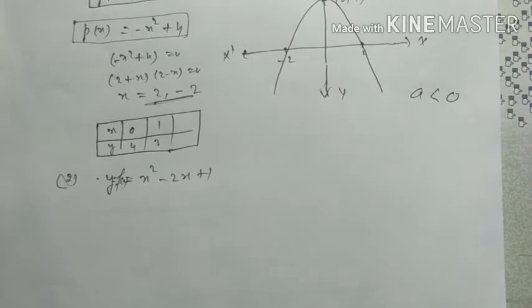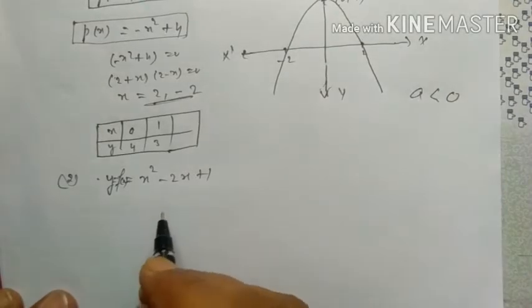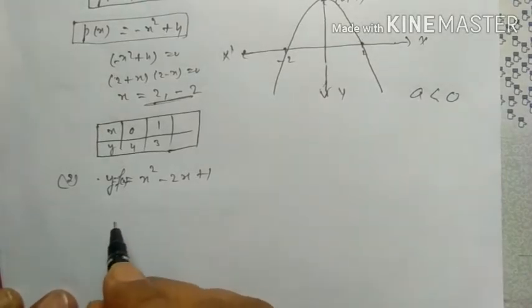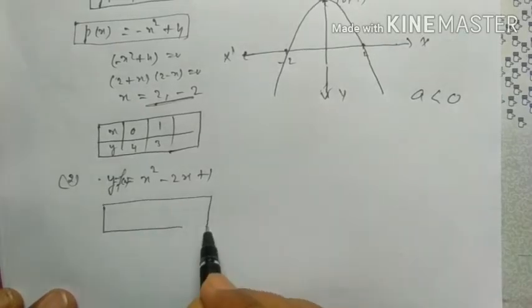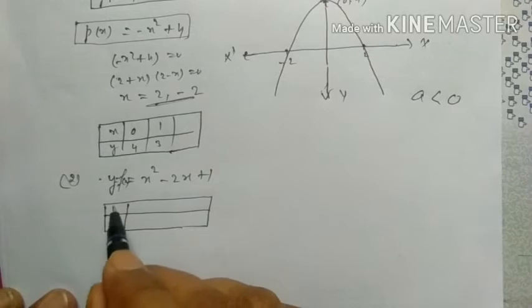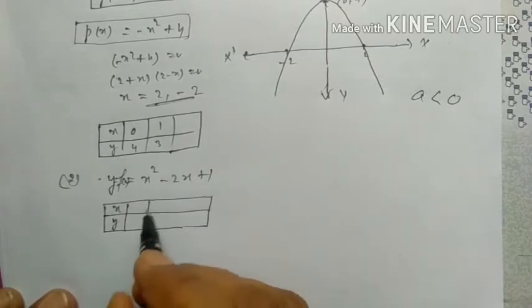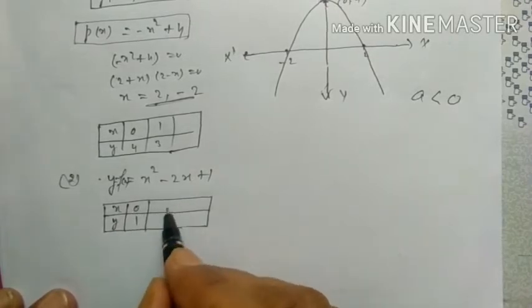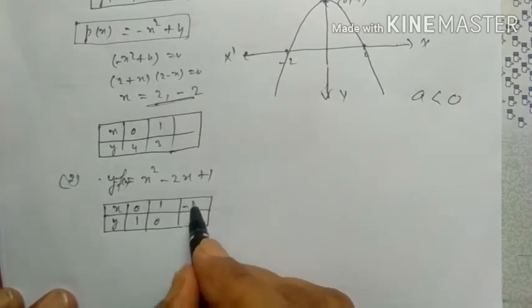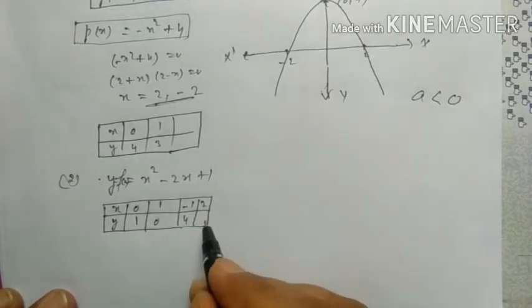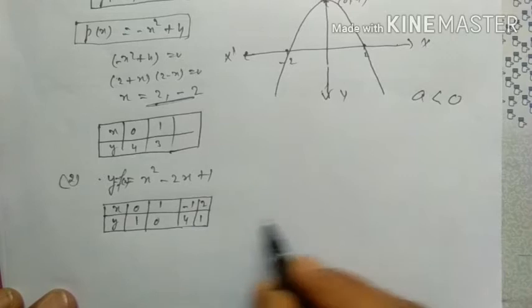Now we will take some points and draw the graph. Take some points x, y: x equal to 0, y equal to 1; x equal to 1, y equal to 0; x equal to minus 1, y equal to 4; x equal to 2, y equal to 1.